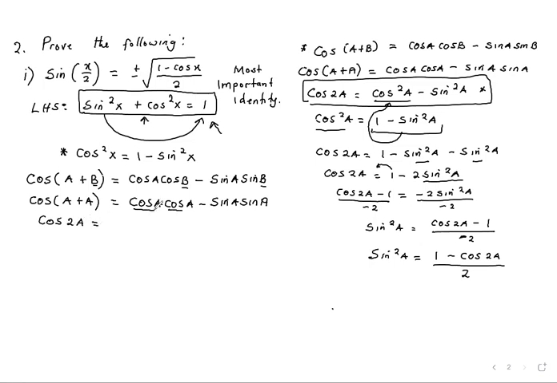Cos times cos is cos squared A. Sine times sine is sine squared A.